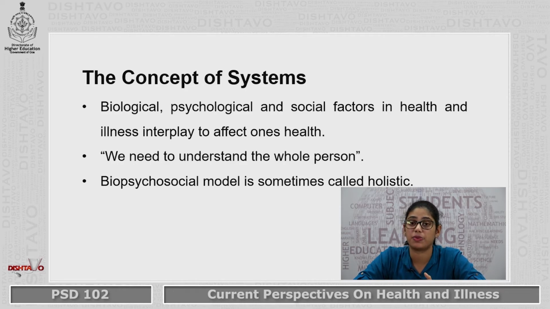Nowadays, medical professionals are trying to focus on different factors that affect a person's health and illness. The biopsychosocial model is sometimes also called a holistic model because it takes into account all three factors that affect a person's life.